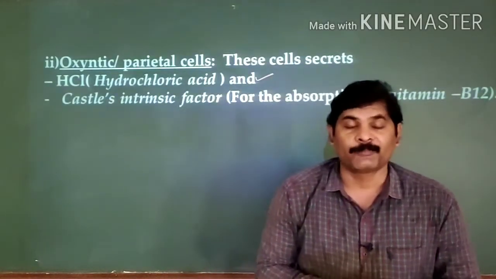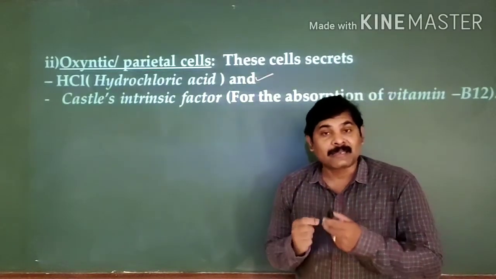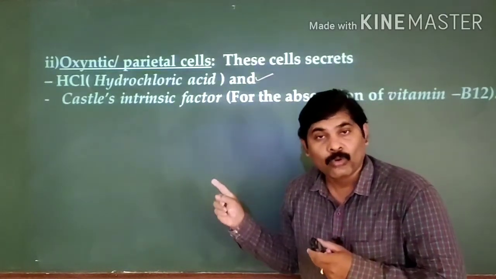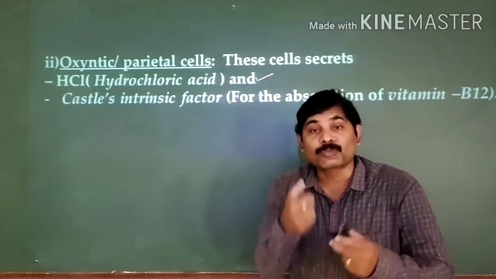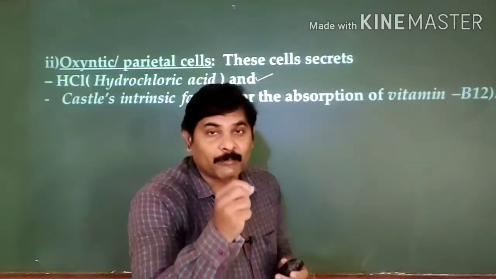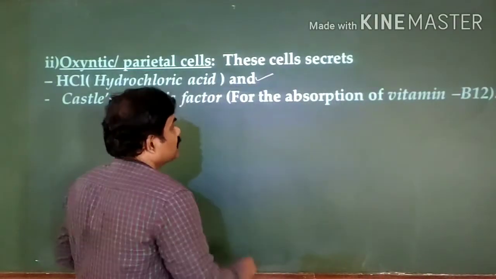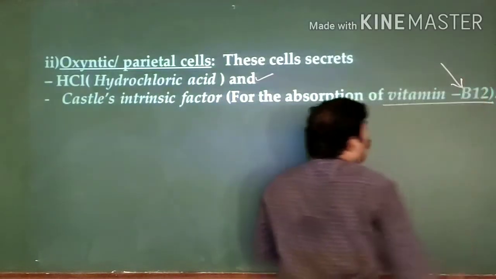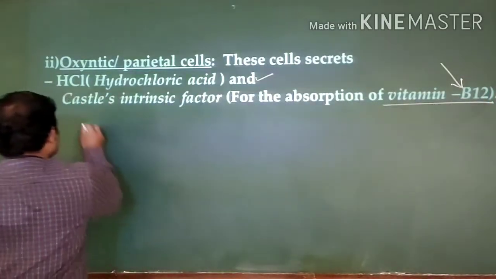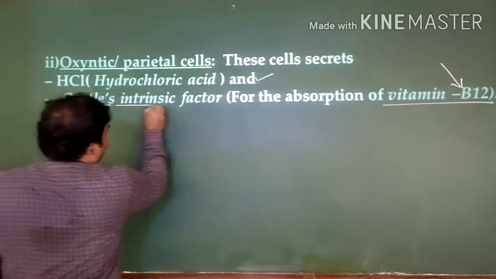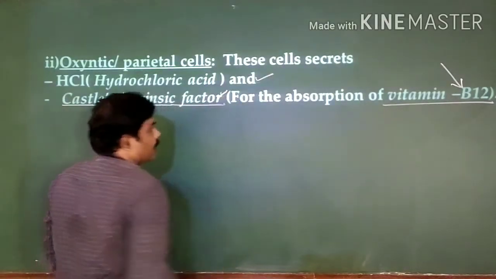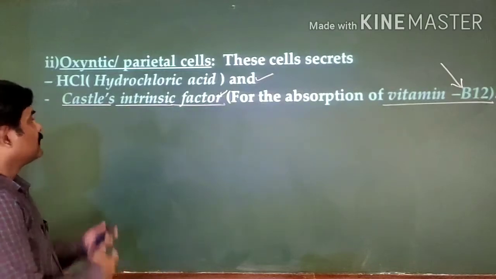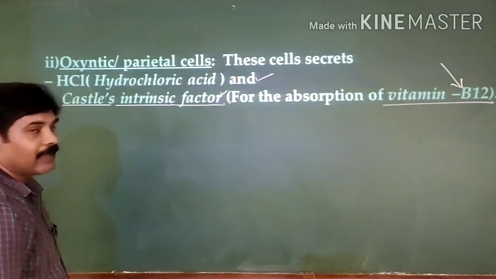Very important thing. And this Castle's intrinsic factor, as I said just now, helps with absorption of B12 vitamin from your diet. That is one important thing. B12 vitamin will be absorbed by the action of the Castle's intrinsic factor. Clear? This is all about the oxyntic or parietal cells.